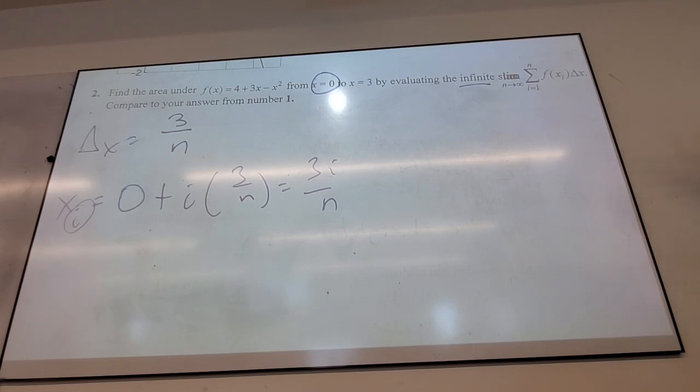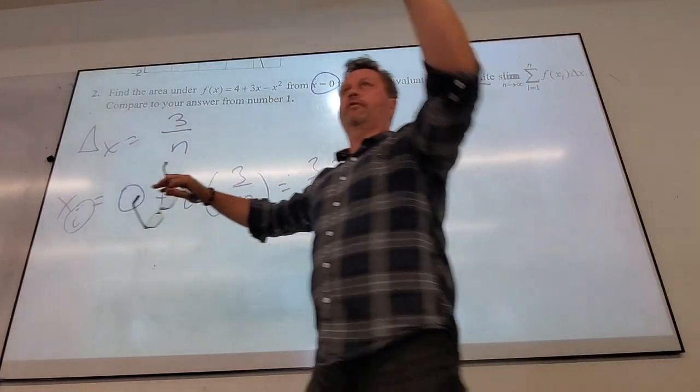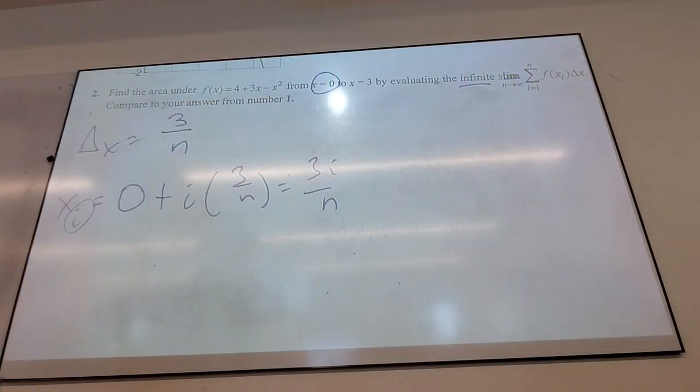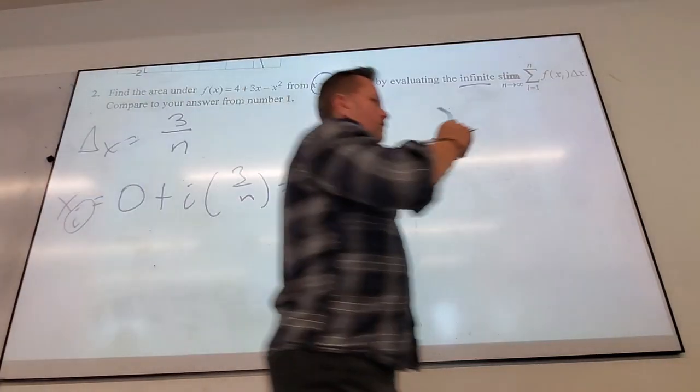What's the next thing we did? This is exactly all the same steps we did before. We figured out what the width was. We used the width to figure out where our rectangles are going to be on the x-axis. The very next thing we did was determine the heights of each. How did we determine the heights for each rectangle? Plug in the x piece, right? So I'm going to plug in xi.